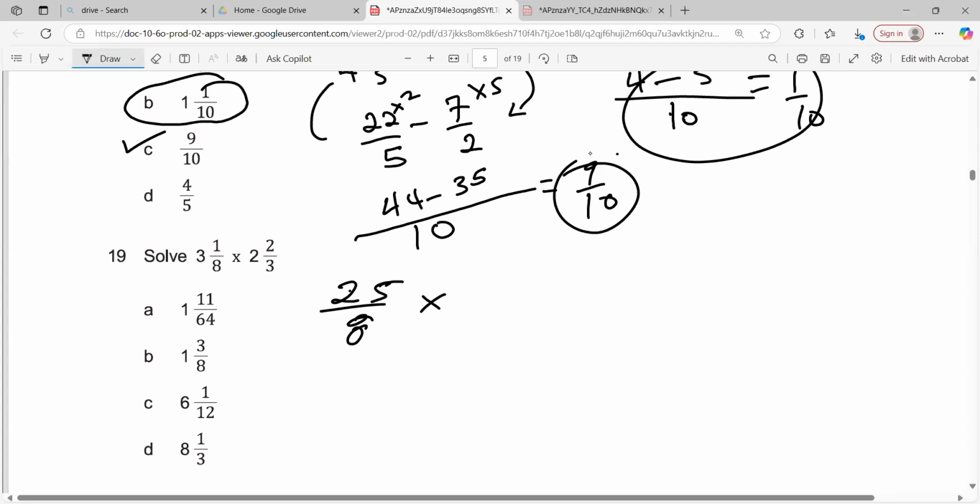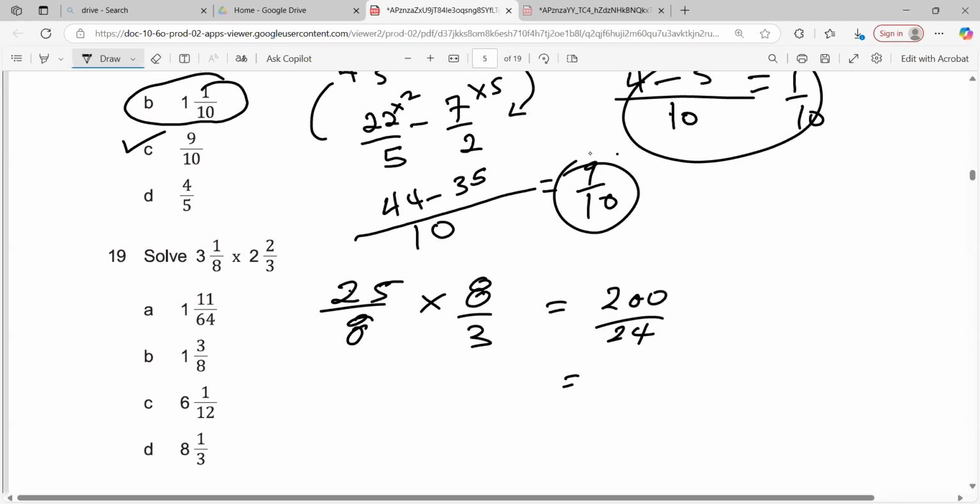And then 2 times 3 would be 6 plus 2 would be 8 over 3. And then I just multiplied. So I would say 25 times 8, and I got 200. And then 8 times 3, 24. So it would be 200 over 24.